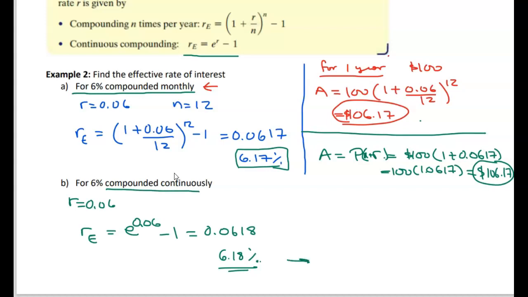If I applied this to that $100, then you end up with 100 times 1.0618, which is $106.18. So you get 1 cent more. It makes a difference over the years, and if you have more money, then it makes a bit more of a difference than that 1 cent.